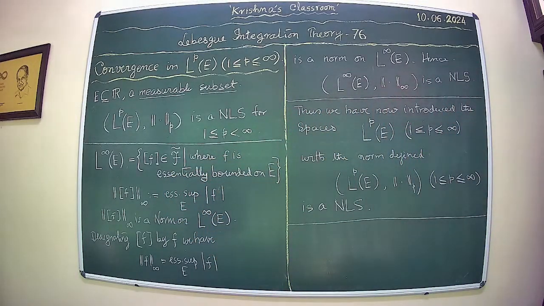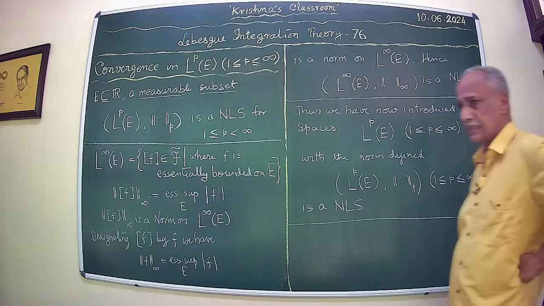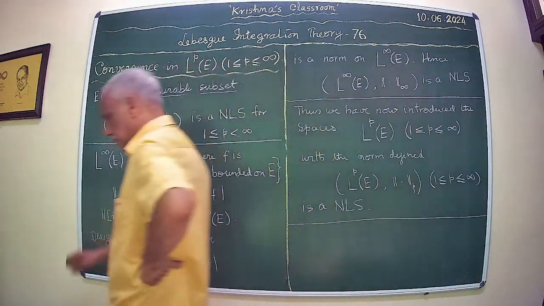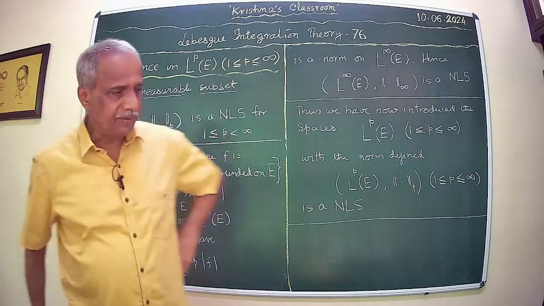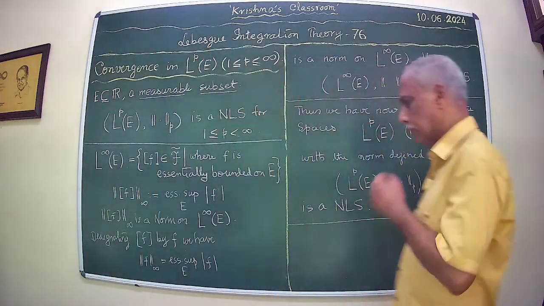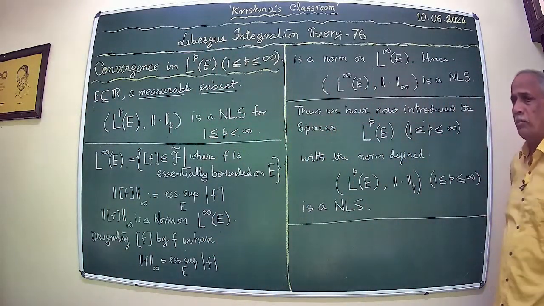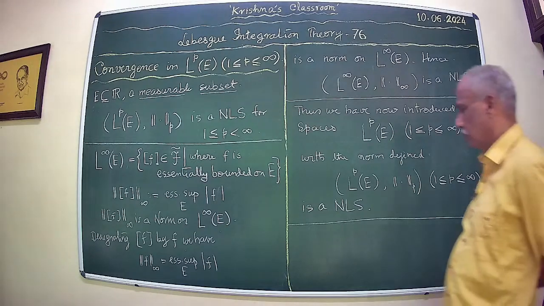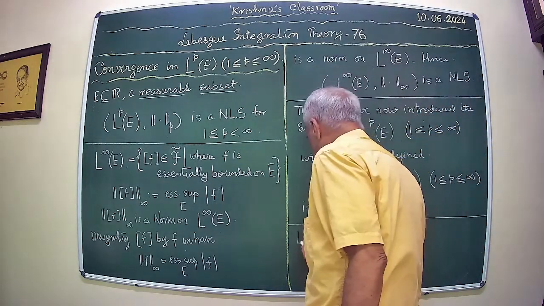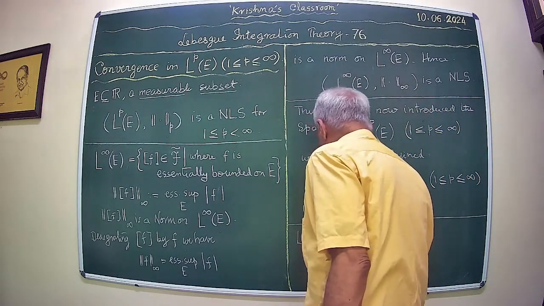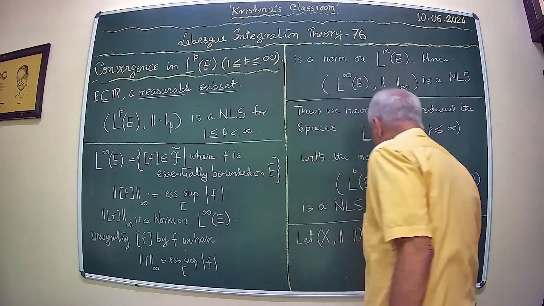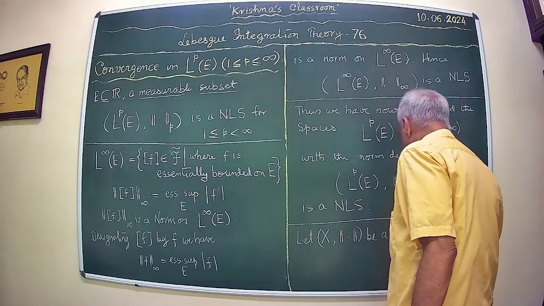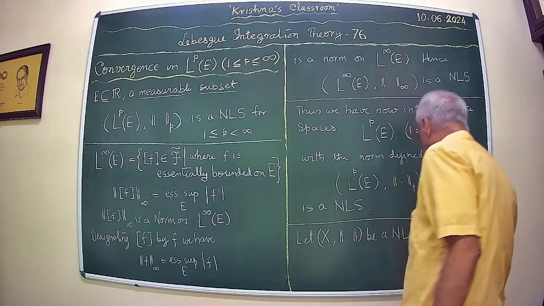Now we are essentially interested in looking at this normed linear space. Now in every normed linear space, the norm induces a metric. So let X be a normed linear space, we'll write down the general case.